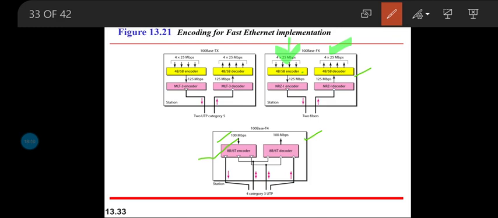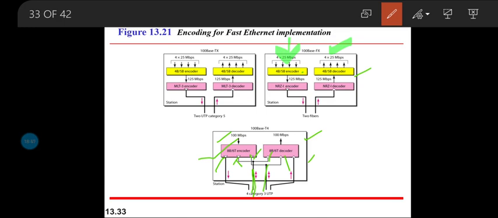And one more thing that you can see here is we are having 3 pairs of category 3 UTP running common between the encoder section and the decoder section. Like 2 transmitters are commonly connected to one particular UTP, and one transmitter and one receiver are connected to another UTP.